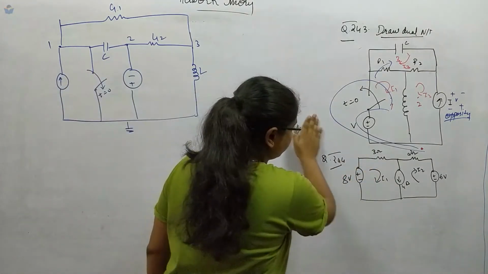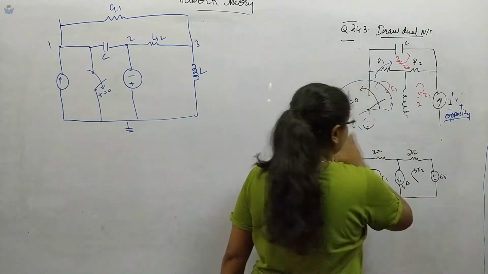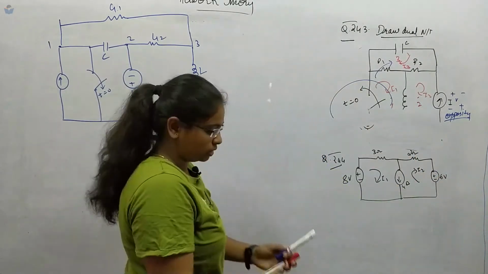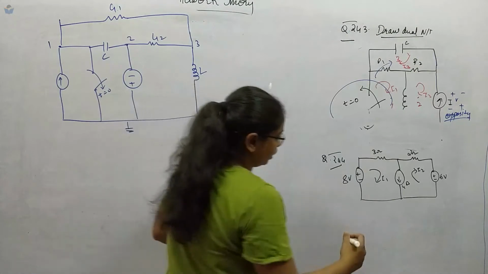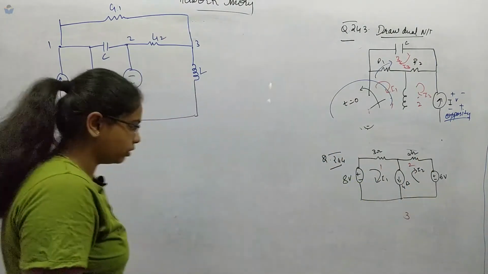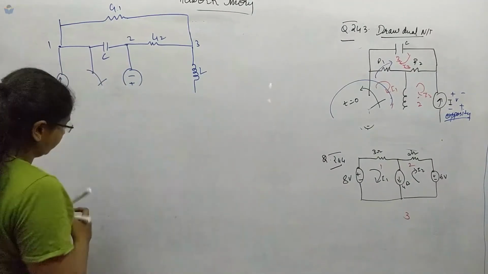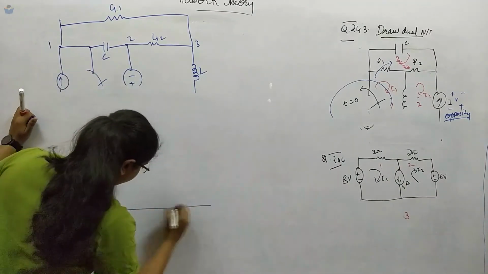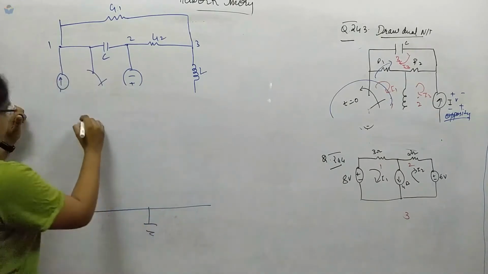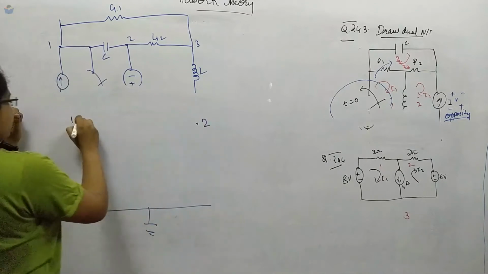Next we come to question number 244, where this time we have the values as well. We have node 1 and node 2, and the third is the reference node. I can draw over here: this is the reference node 3, and here we have 1 and this is 2.